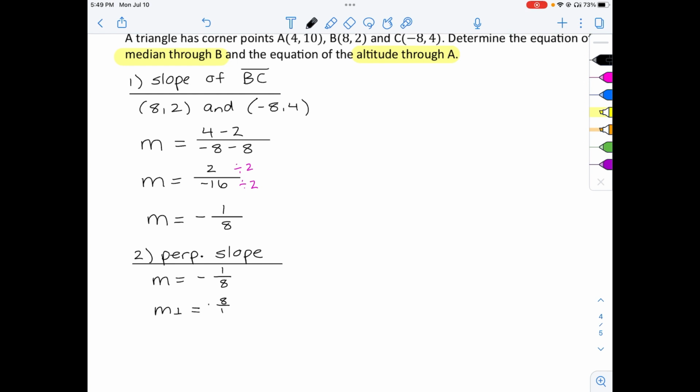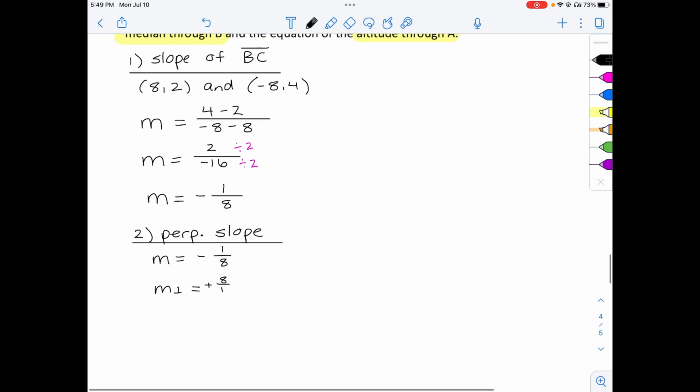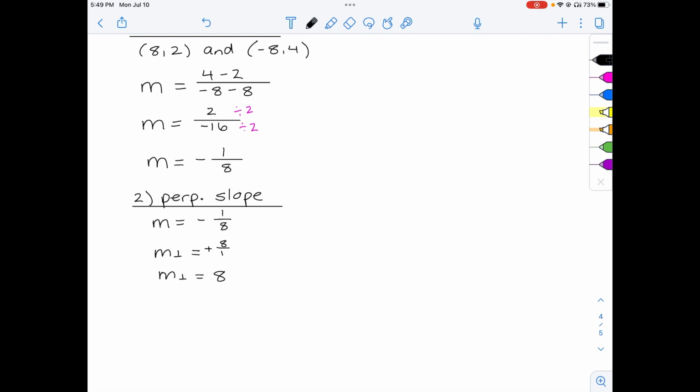It was negative, so it's going to be positive now. Our perpendicular slope is just equal to 8. Some people like to keep it 8 over 1, just 8 is fine because that's really what that's showing there. Okay, so that is what I'm going to use as the slope of my altitude.